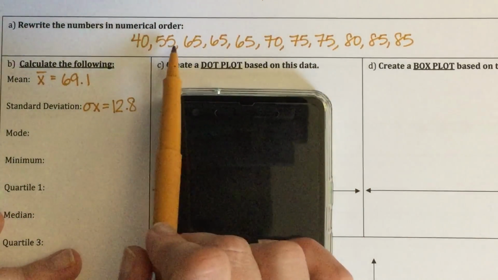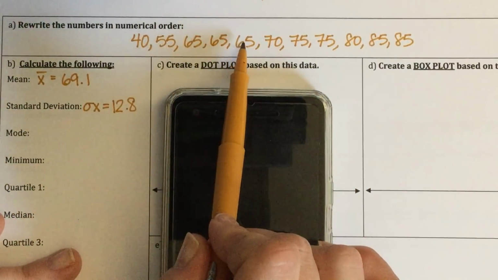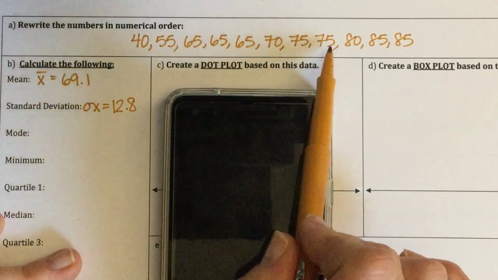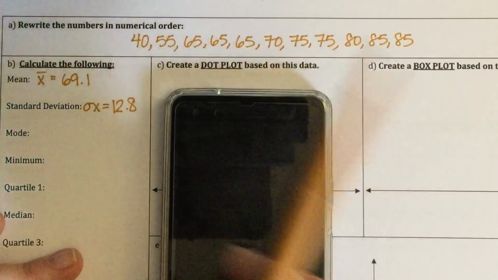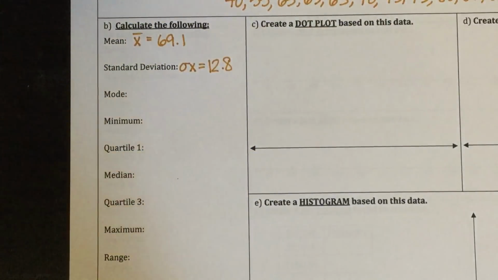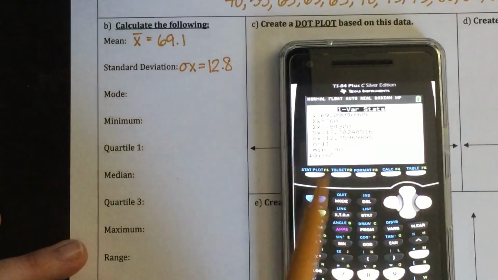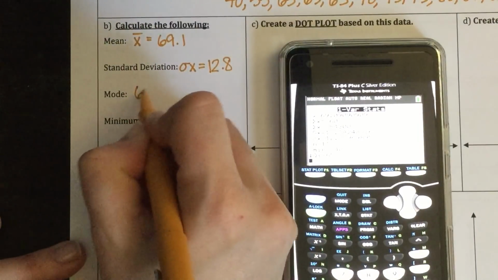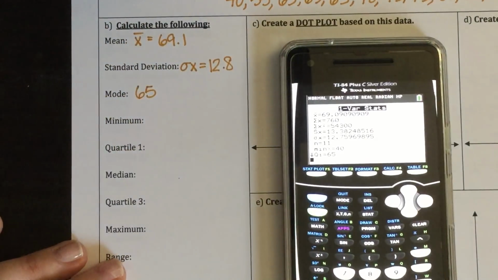It looks like 65 happens 3 times, 75 happens twice, 85 happens twice. So 65 is the one that happens the most often.